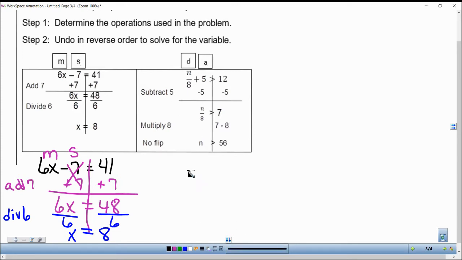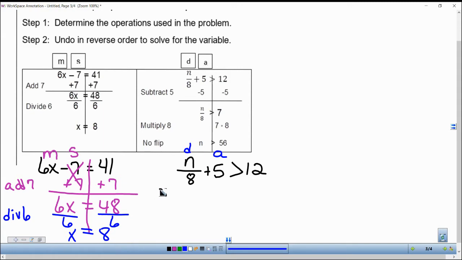On our next example, n divided by 8 plus 5 is greater than 12. Remember, I told you to look at the number with the letter to determine if you're going to flip your symbol or not. And as long as it is not negative, you do not have to flip your symbol. So in this case, it is not negative, so I don't have to note that my symbol needs to be flipped. All right, so this is a division and an addition problem.